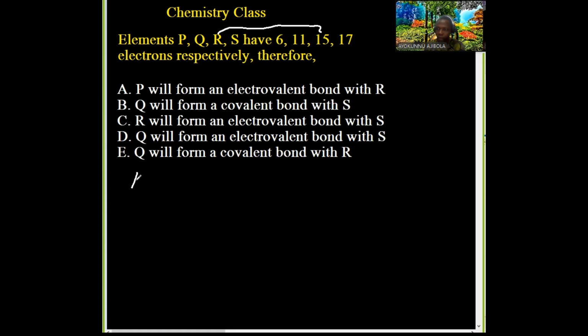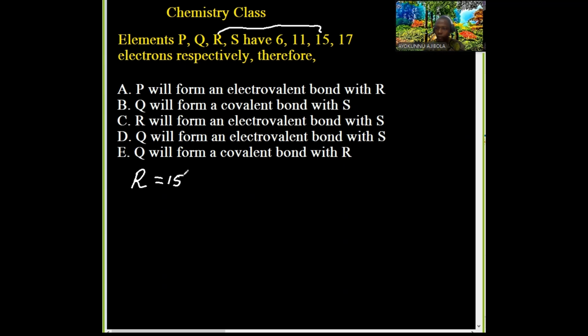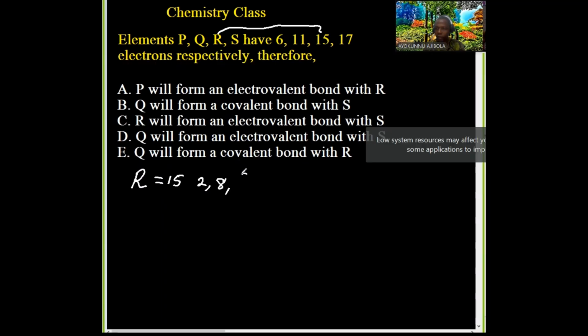Let's just check it, okay? R equals 15, which is 2, 8, 5. So this 5 is 5 electrons in the outermost shell, okay?